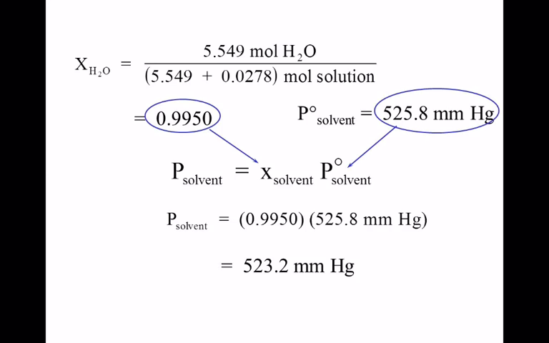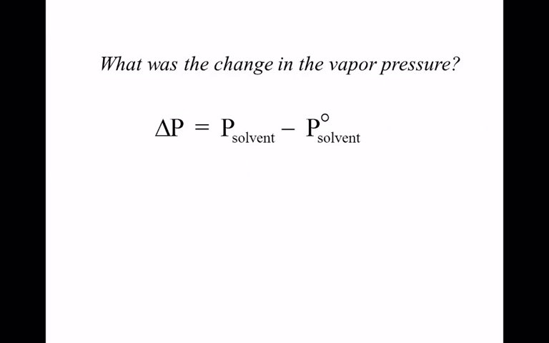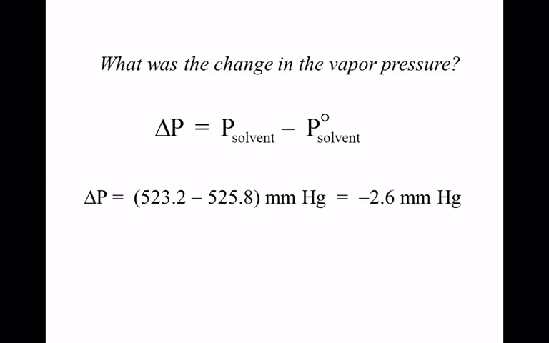We could knock out a delta P, which is final minus initial. So it would be this one minus this one, which gives us a negative delta P. So the delta P is 523.2 minus 525.8.